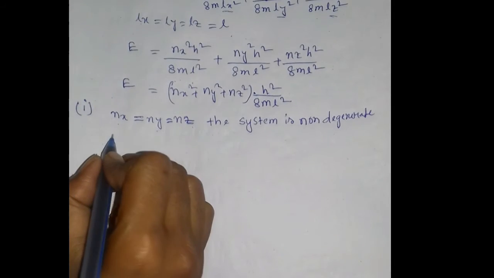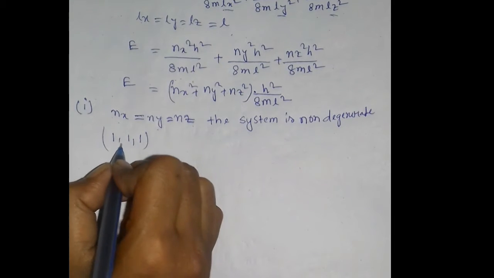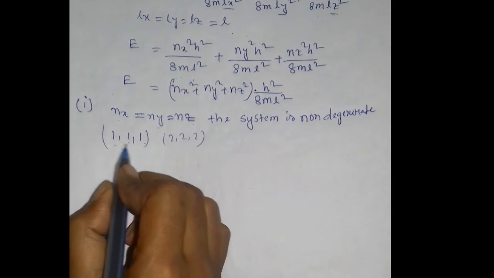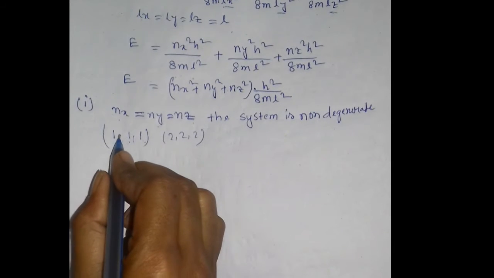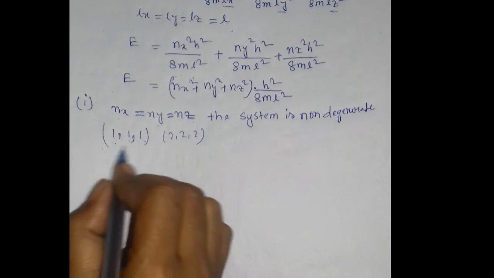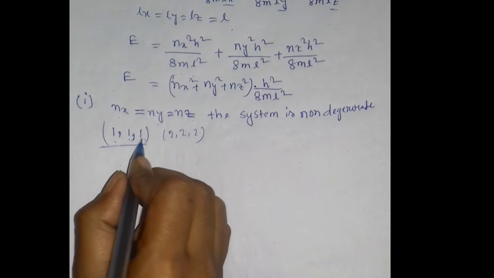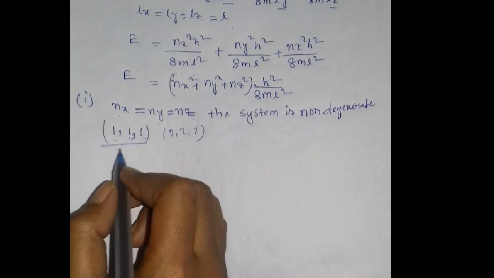That means if we put the same value for nx, ny and nz, suppose 1, 1, 1 or 2, 2, 2, we cannot rearrange them in different ways. There is only one possible way to arrange them, as all three quantum numbers are equal.